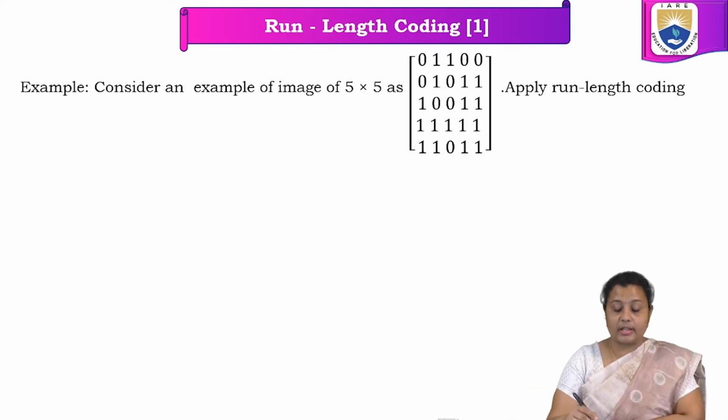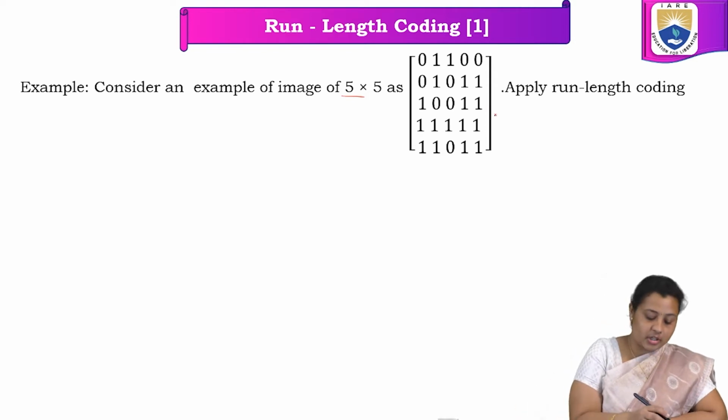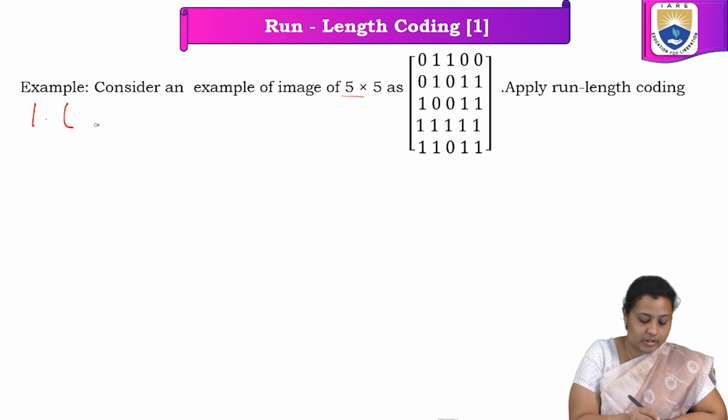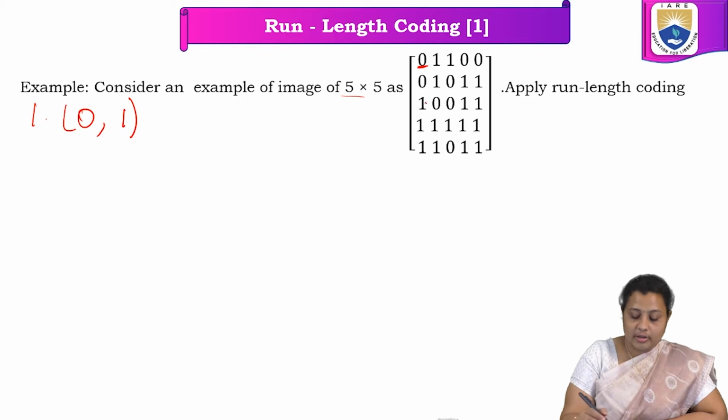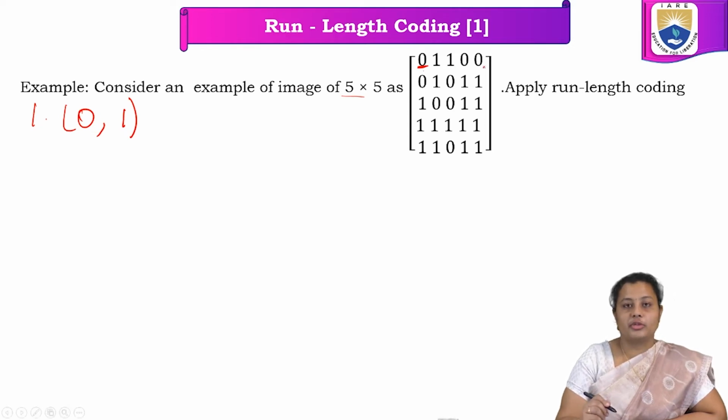Let's consider another example of 5 cross 5. So let's go through the steps again. If you are drawing the first row, what are the vectors? We have 0, and how many are there? It is 1 only. Usually, if we are counting the number of zeros in the first row, we can write it as 0, 3, right?